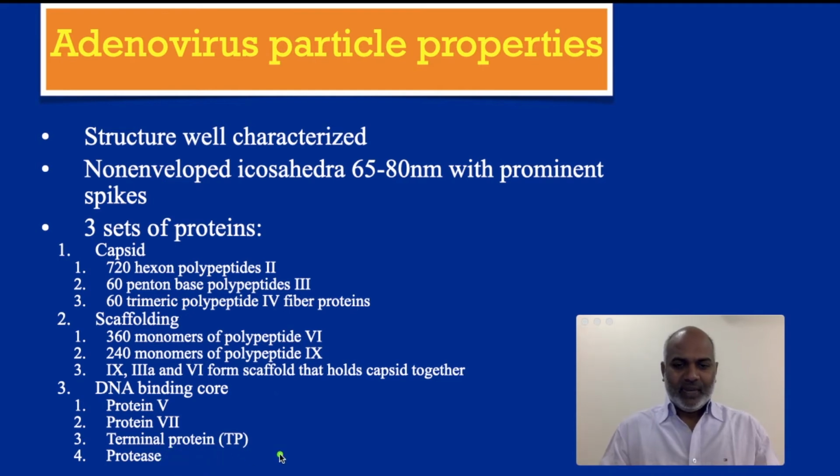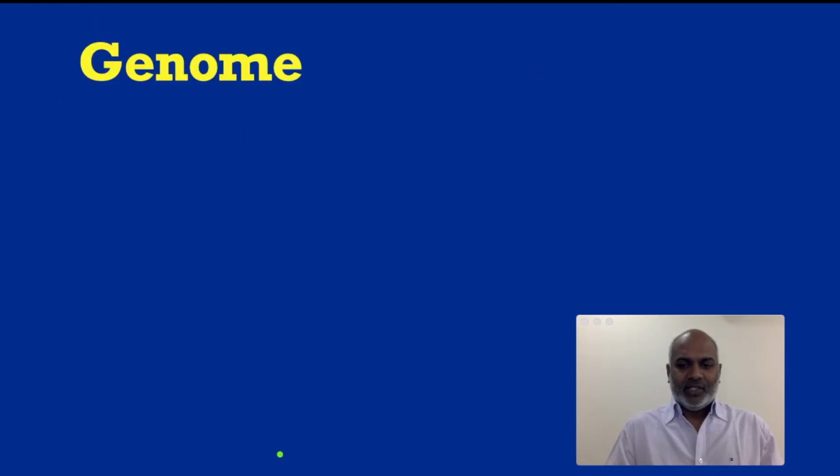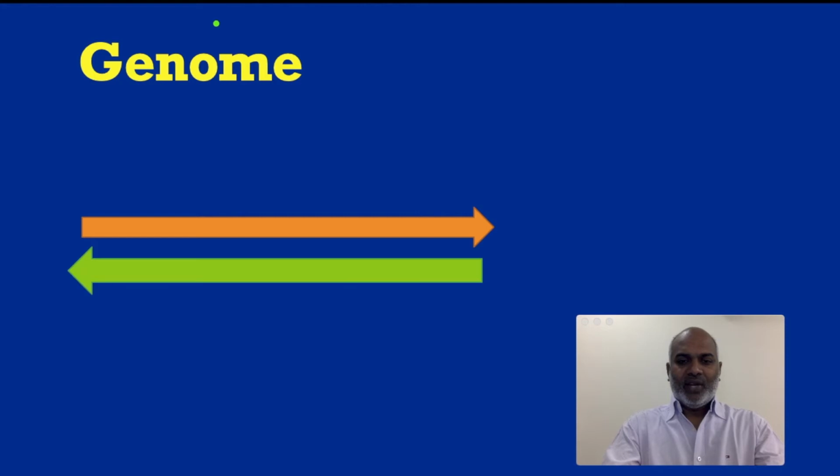These DNA binding proteins are involved in replication and in the transport of the DNA. The genome of adenovirus is double-stranded and linear.